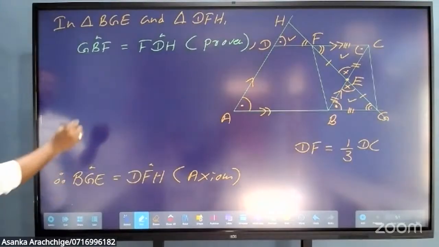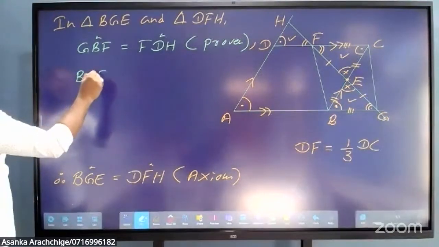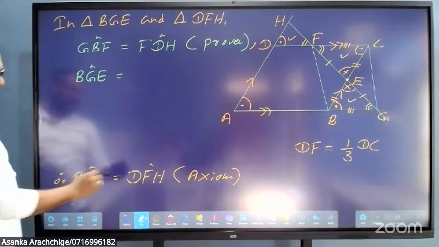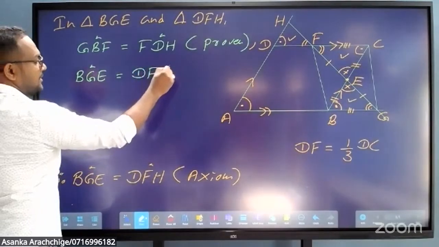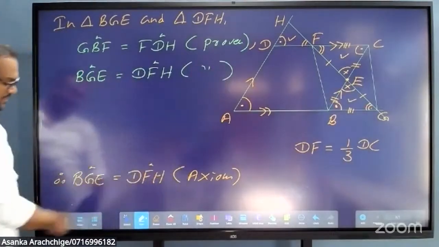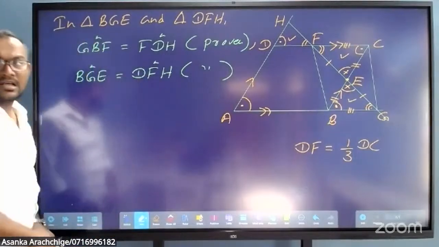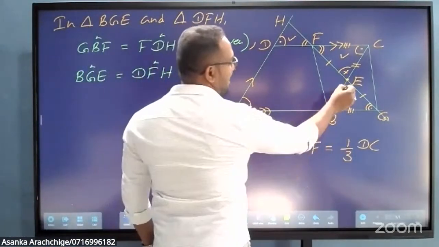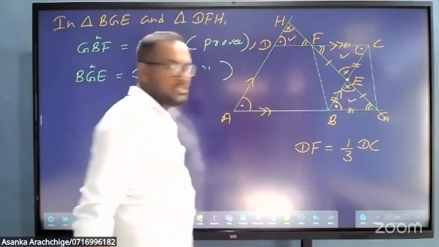Then angle BGE is equal to DFH. Proven. This has also been proven. Right. If two pairs of angles are equal in two triangles, the remaining pair must be equal automatically.